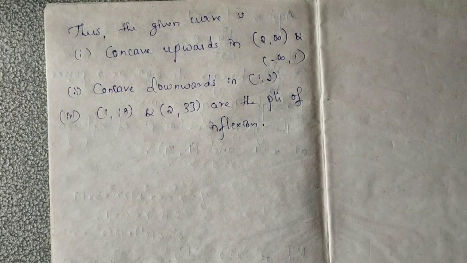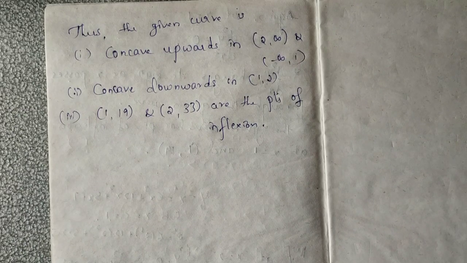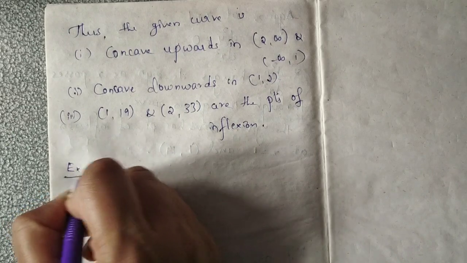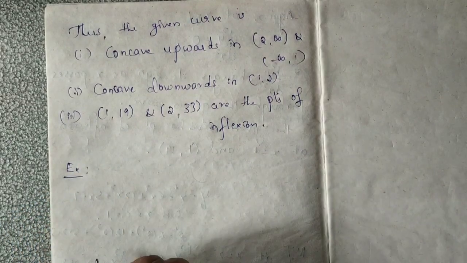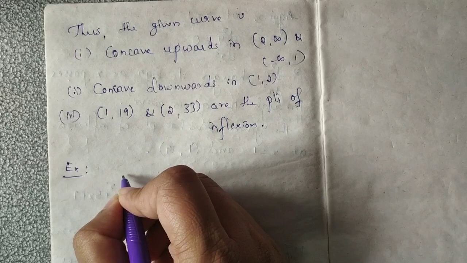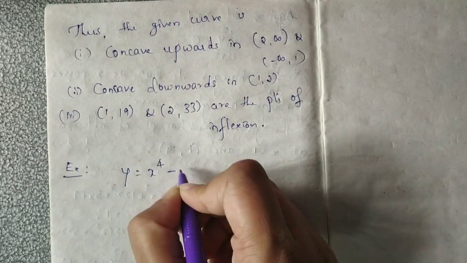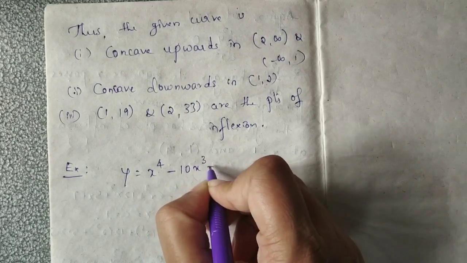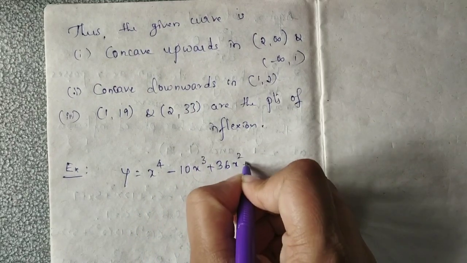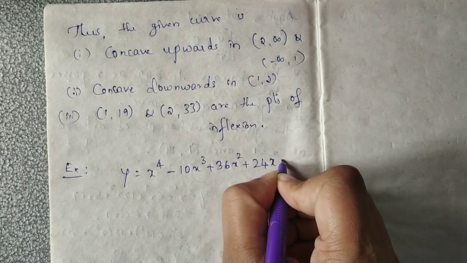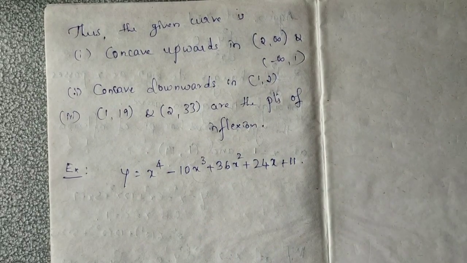Okay, am I clear? Please try one more problem. Find the ranges of values of x for which the curve y equals x raised to 4 minus 10x cube plus 36x square plus 24x plus 11 is concave upwards or concave downwards, and also find the points of inflection.